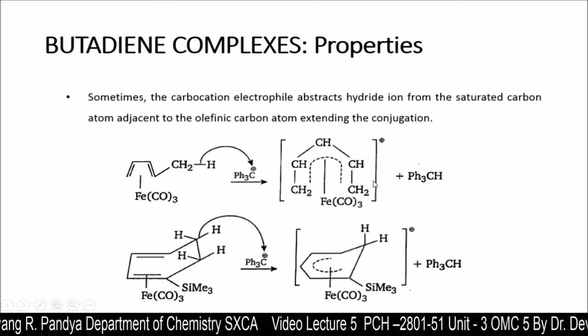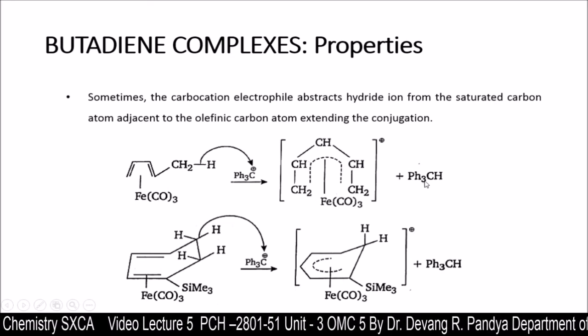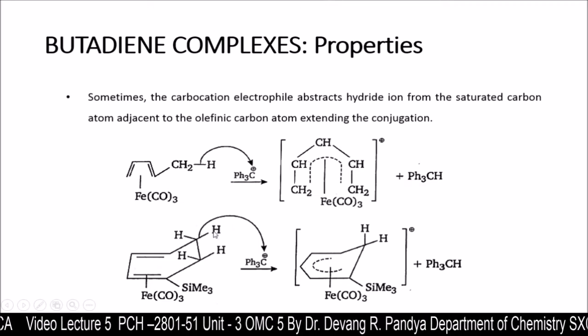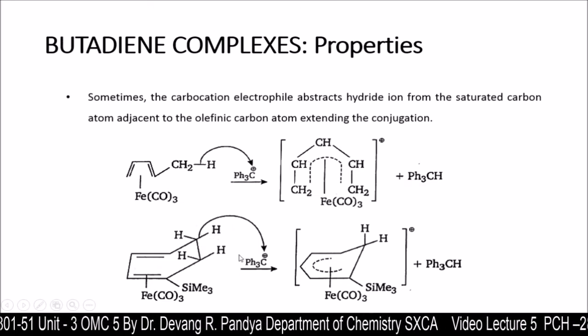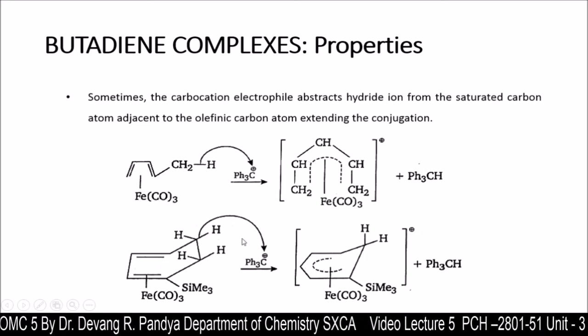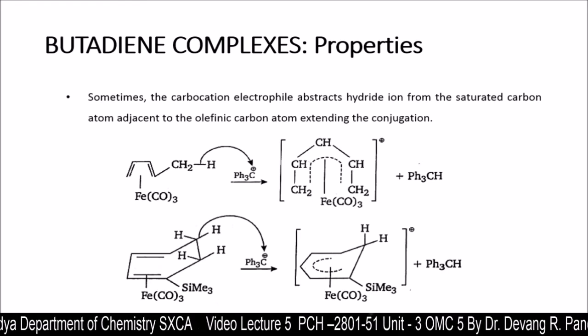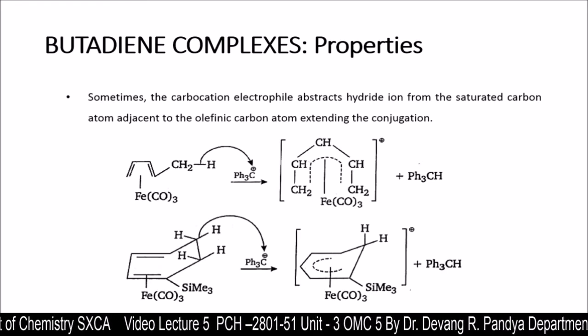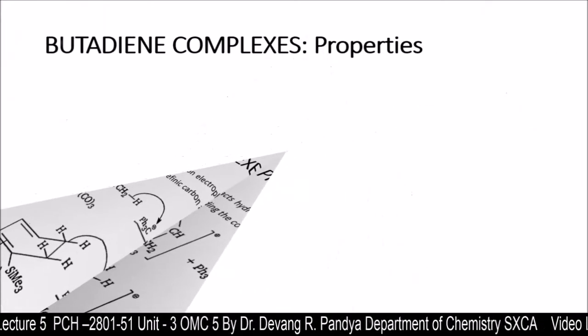So we are going to get this kind of intermediate. This one is another example where the hydride is going to be shifted from the saturated carbon to another adjacent carbon atom, and we are going to get these two kinds of complex formation.